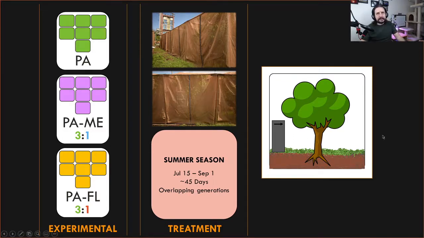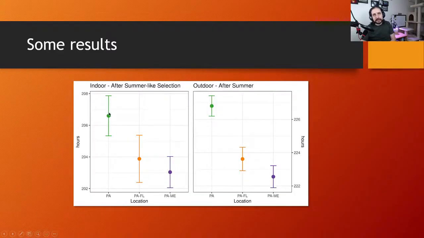I showed the experimental orchard before. We have a peach tree inside a cage and ground cover. We did PA Maine and PA Florida, because Maine and Florida would be irrelevant for this experiment. We just did the summer season, 45 days, overlapping generations, and we collected the samples.